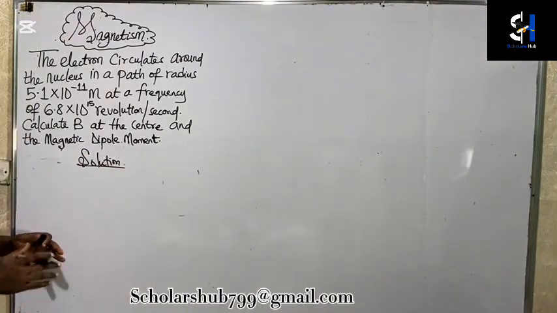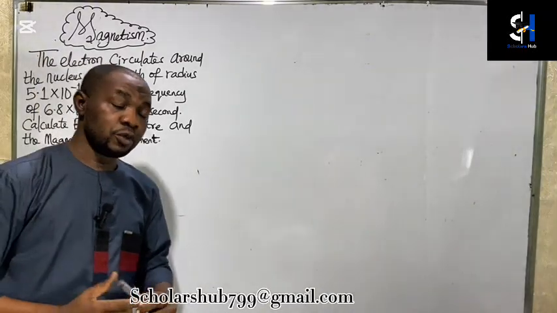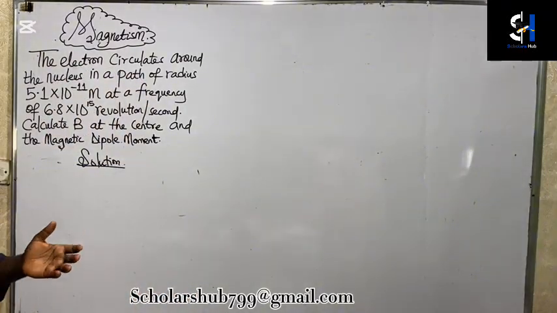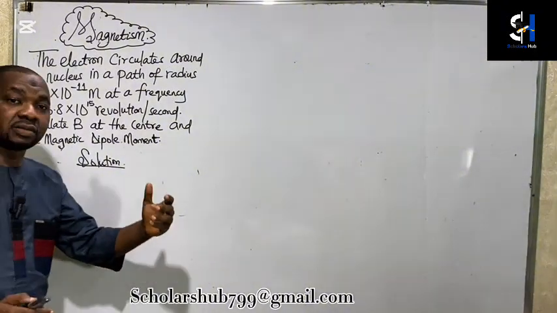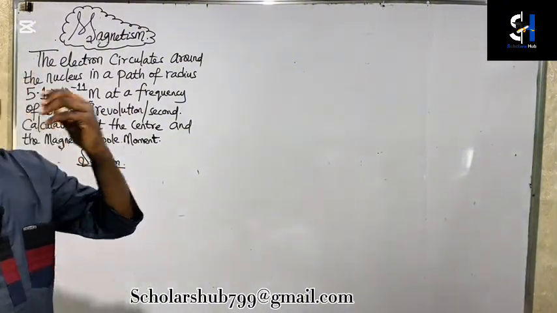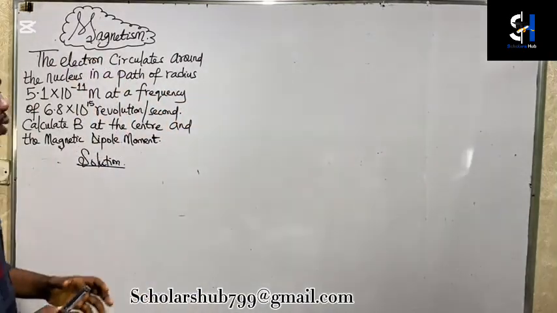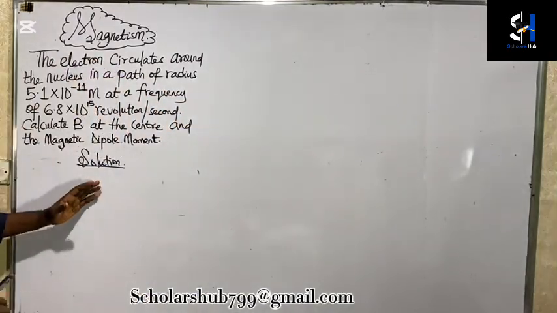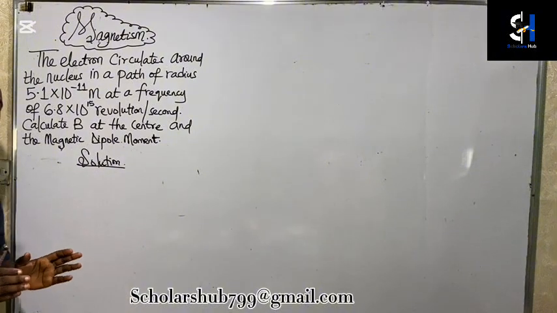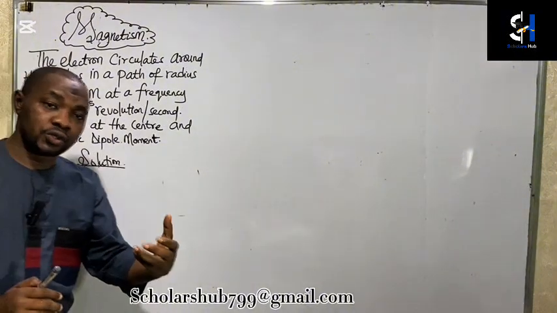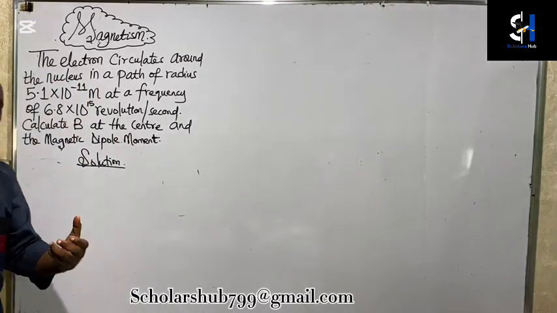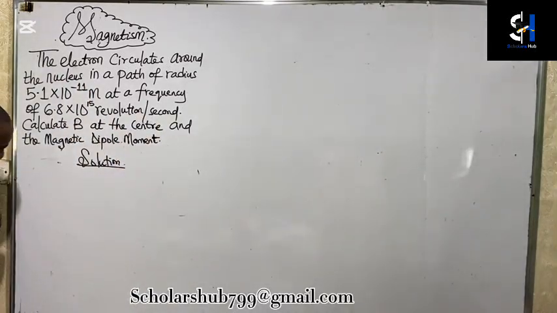For those of us who love this aspect of physics, the magnetism, electromagnetic induction, nuclear physics, and the rest, I want to believe that we all know that experimentally it was found that the magnetic induction arising from a charge, let me draw the diagram.